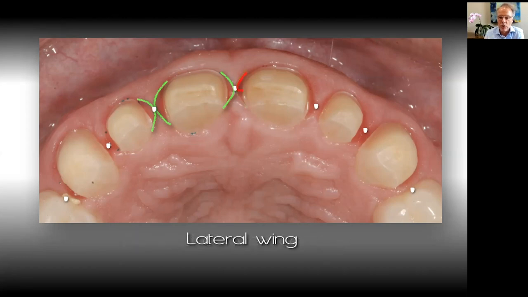If I don't do that, if my finish line is left too close to the contact, the red wing is extending to close the space. Now there's going to be a concavity palatal to that. It's going to be a plaque trap, food trap, and it's going to be right on your margin, bad scenario. So it's not representing the most ideal form.